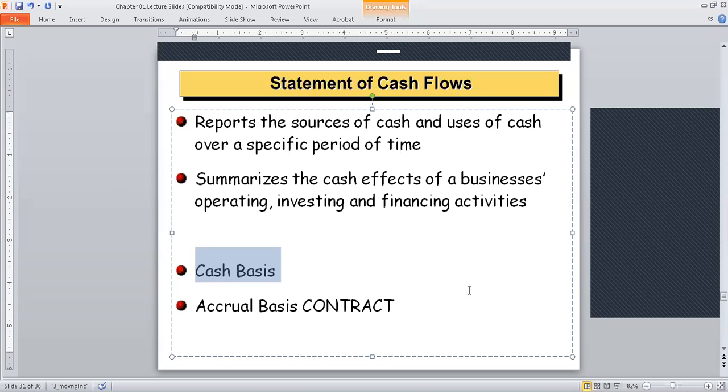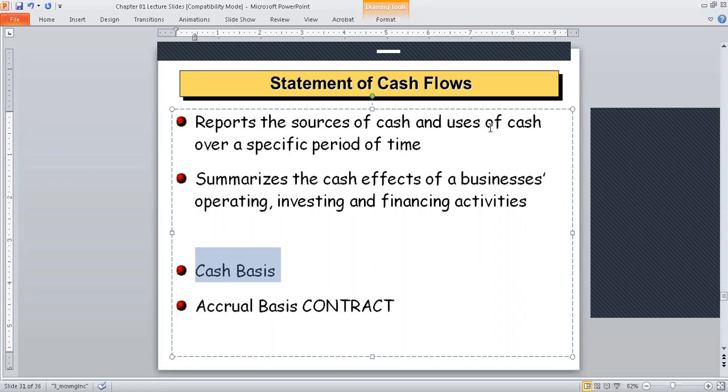And last time we talked about how the financial statements flow together, how the income statement flows into the retained earnings statement, and how the retained earnings statement flows into the balance sheet. The statement of cash flows doesn't flow anywhere. It's off on its own, doing its own thing.